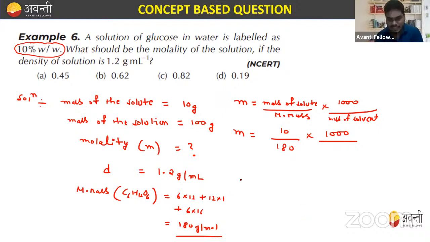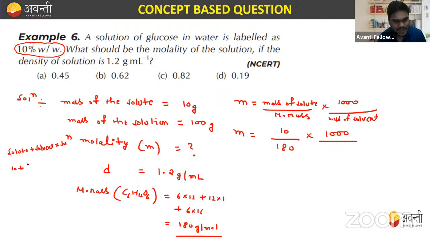So how can we calculate? Yes. We know that solute plus solvent is equal to solution, right? Now we know that mass of solute is here 10 gram.